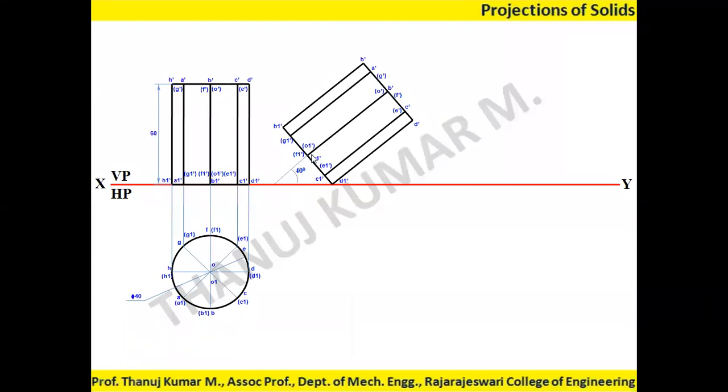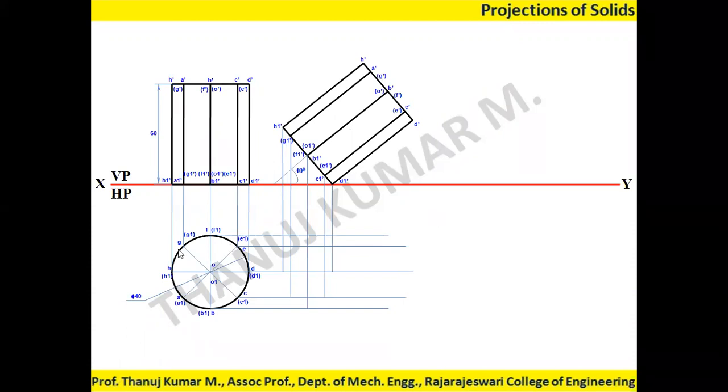Keep in your mind, after you have drawn this, you need to project the projectors from the base this way and get the horizontal line projectors for the XY line from the previous circle drawn. Then locate the points. This is the way you have to locate the points.